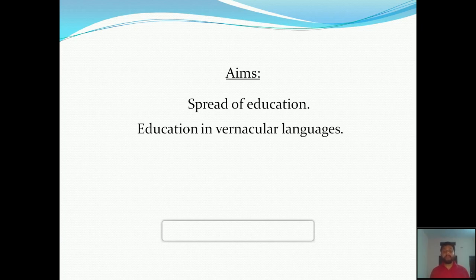At the same time, Urdu will also be used, because during that time in Uttar Pradesh, Urdu was very popular among the people. Then if it is in Tamil Nadu, education will be provided in Tamil. If it is in Karnataka, Kannada will be used. So vernacular language means local languages will be used in teaching at schools and colleges. So it was another aim of national education.